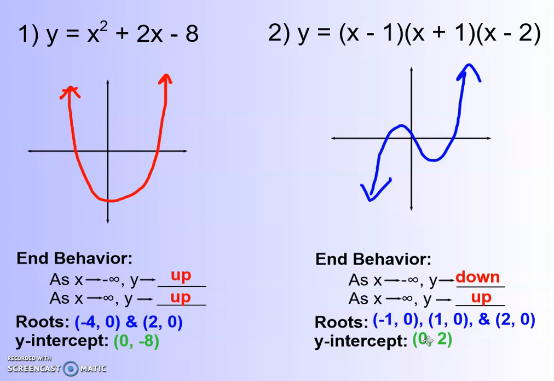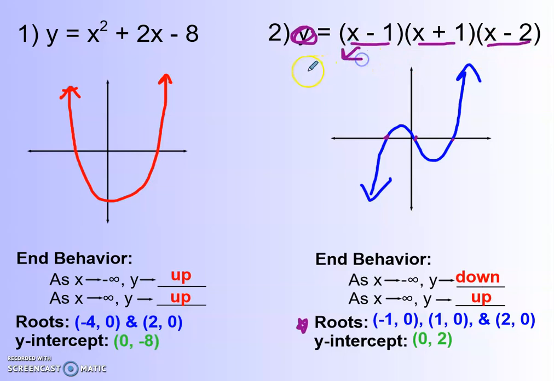And just a quick word, because some of you might be thinking this already, and if you are, that's awesome. Remember, we call roots zeros, and we call them zeros because these roots, these 3 points here, are where the graph crosses the x-axis. And that means the y value would be 0. Well, if I set y to 0 and I solved this equation, look at the answers you'd get.